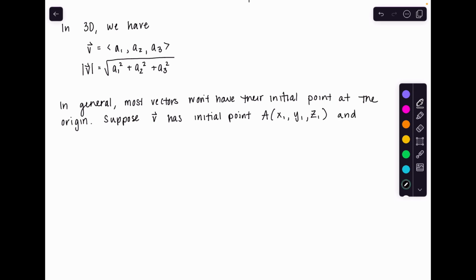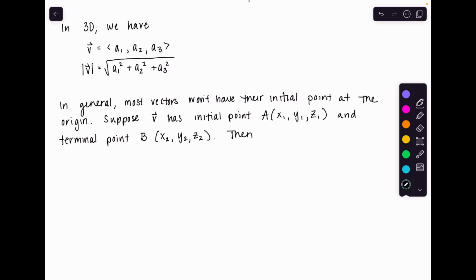And then it has terminal point b, which has the coordinates x2, y2, z2. Then, to find how far it's moving in the x direction, the y direction, and the z direction, I just subtract the two.